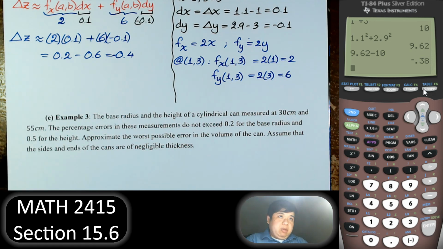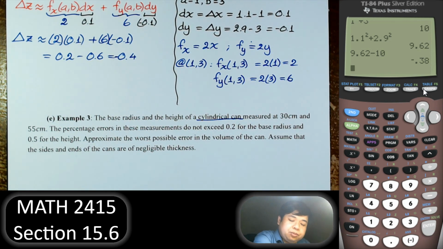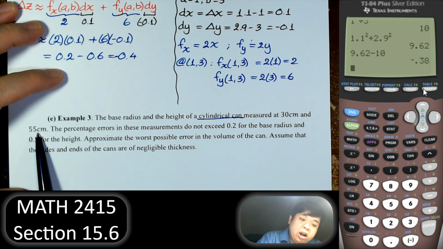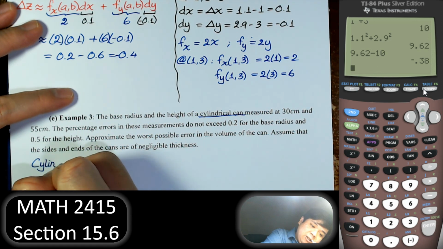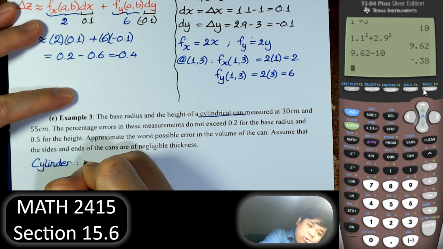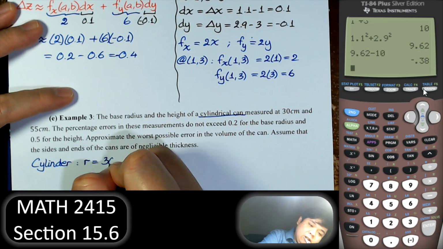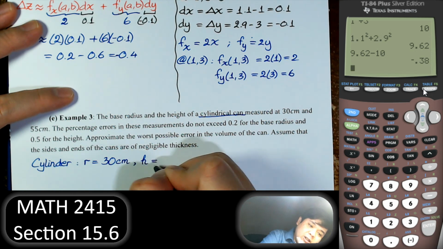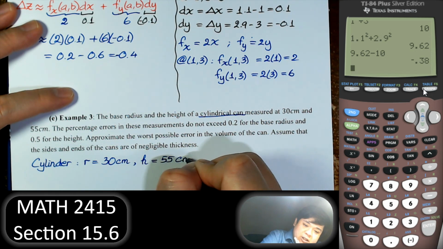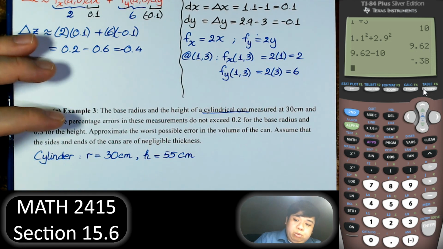Now let's look at an application problem. Suppose we have a cylindrical can with a radius of 30 centimeters and a height of 55 centimeters. The question concerns the volume.